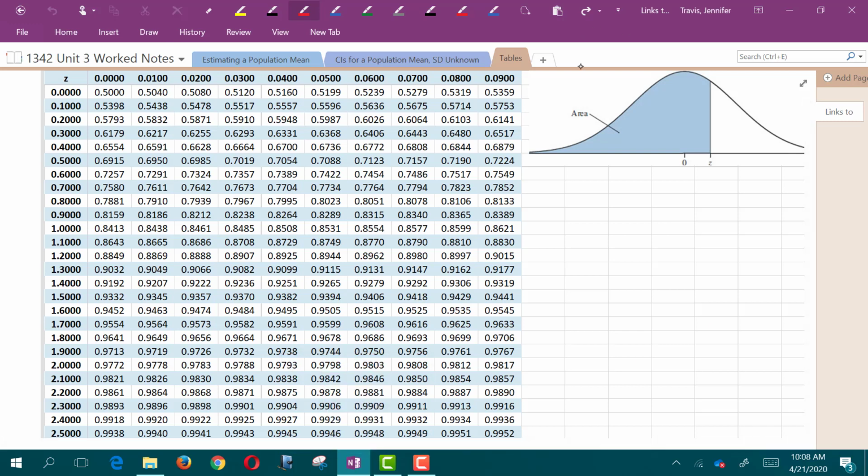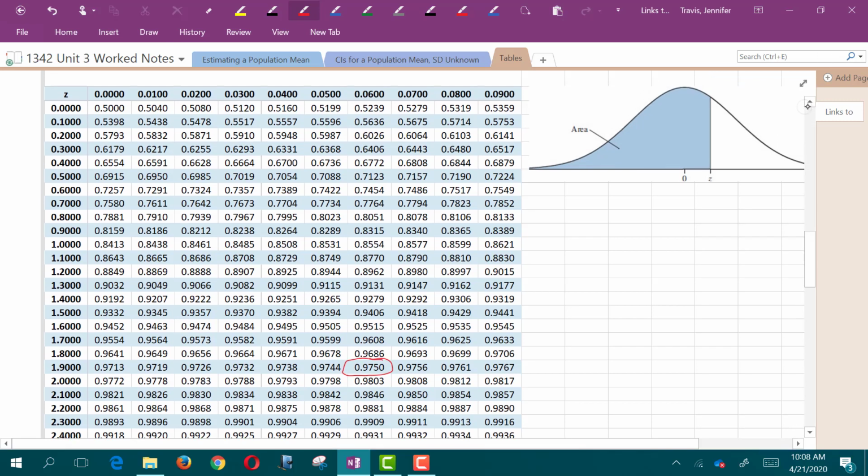I think I see it. It is right here. Do y'all see that? Then we follow it over to see what our z-score is. I go up here, that's 0.06. This is 1.9. I add those together, and that gives me what? 1.96, right?